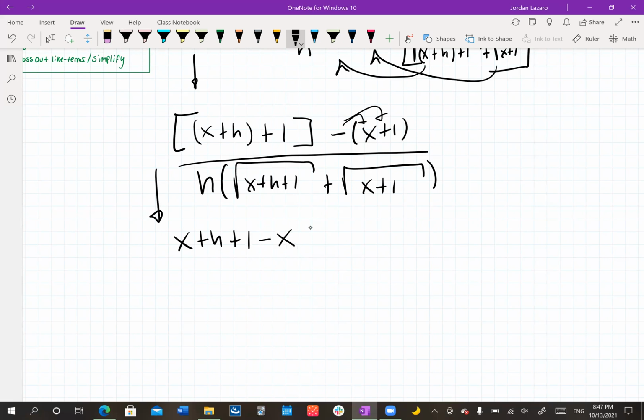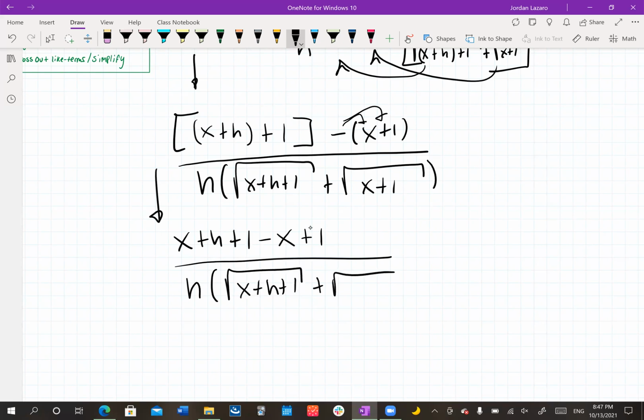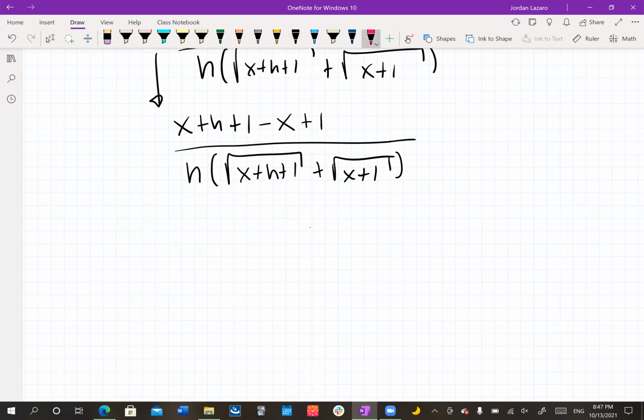So we're going to have negative x plus 1, the entire quantity over the denominator. We're just going to bring this down. Okay, good so far? All right, now start crossing out like terms. So here we have positive 1, positive 1.